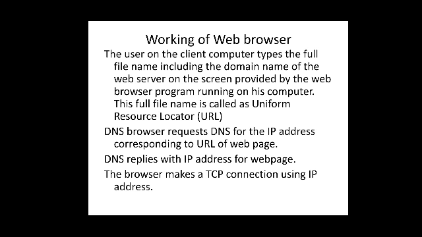A DNS server will also be connected with other alternate DNS servers. If a DNS server is unable to find the IP address, it will ask other alternate DNS servers.